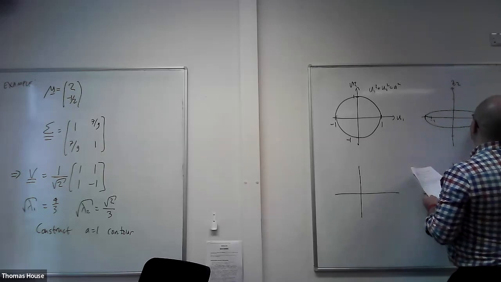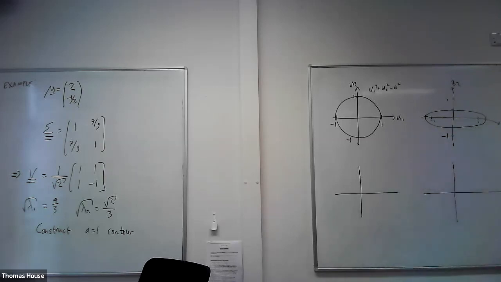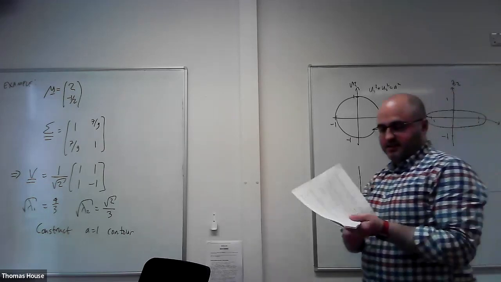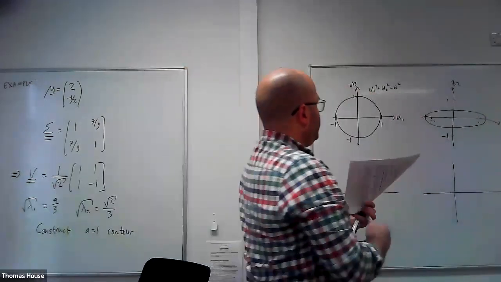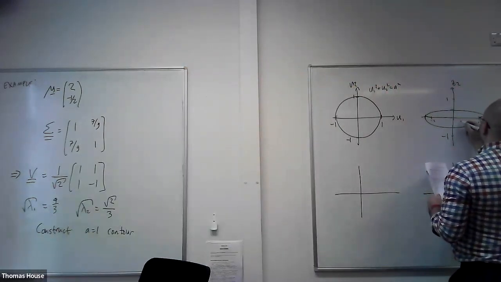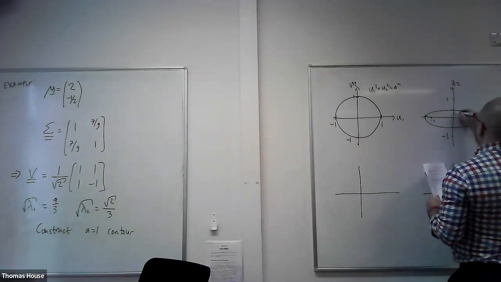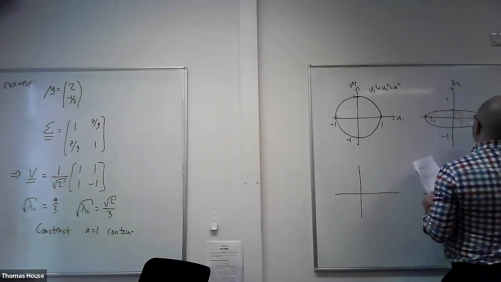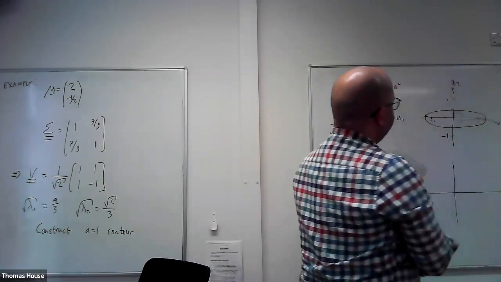So that's -1, 1, 1, -1. Yeah, so that's what it's going to look like. This here is what we mean by the major axis. This is length 4/3, and this one is length √2/3.